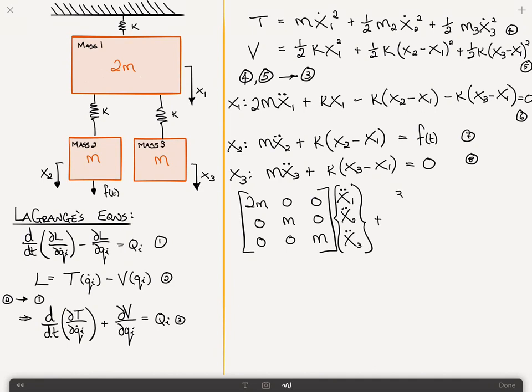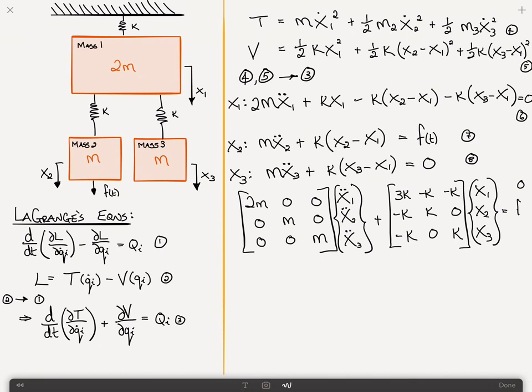We end up with 3k, minus k, again, minus k, k, and 0, and then minus k, 0, and k. That is multiplied by the coordinates x1, x2, and x3, which is also a vector. And this is equal to 0, f of t, and 0.